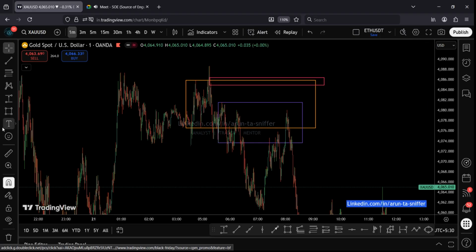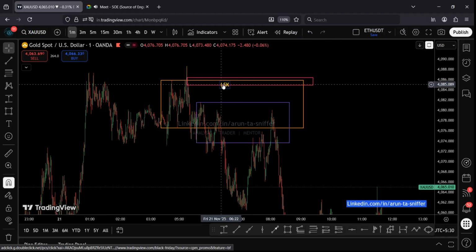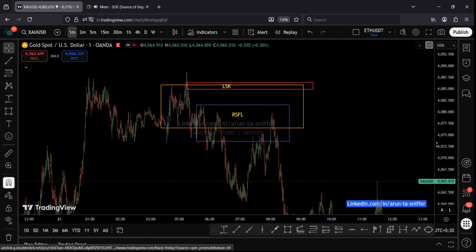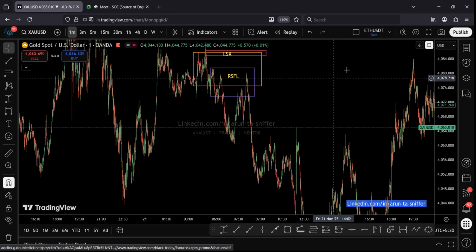So here we have only LSK. And here we have RSFL. This held the price and sent it to the target. Here we have RSFL.